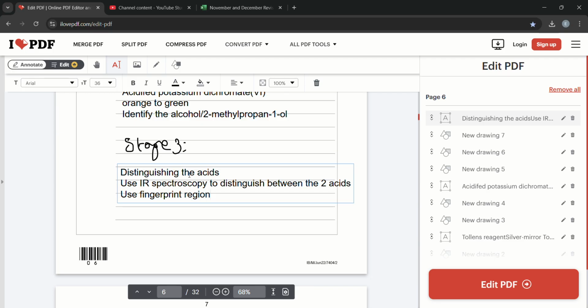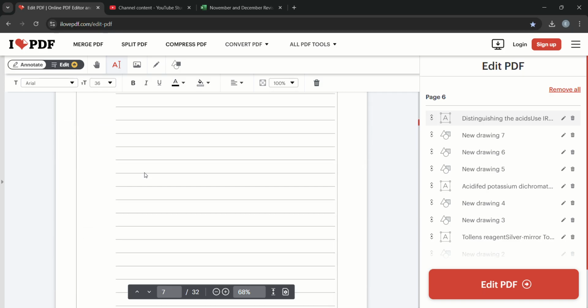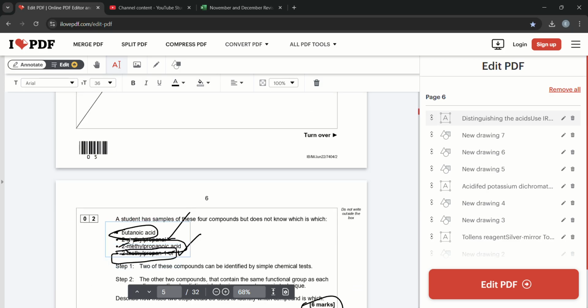We use the fingerprint region of the infrared spectrum, and then we can look for an exact match to spectra of known compounds, aka what the difference is. And that is the end of question 2.